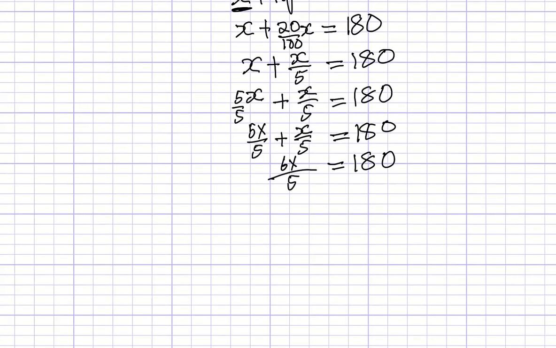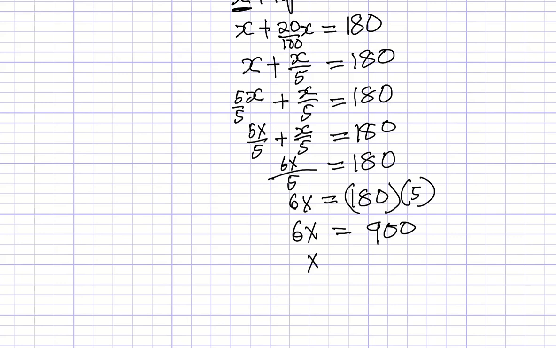So you can cross multiply, and then you get 6x equals 180 times 5, okay? What is 180 times 5? The thing is, you try not to make the problem too hard. 900, okay? 6x equals 900, then x equals 900 over 6. 900 divided by 6 is 150.